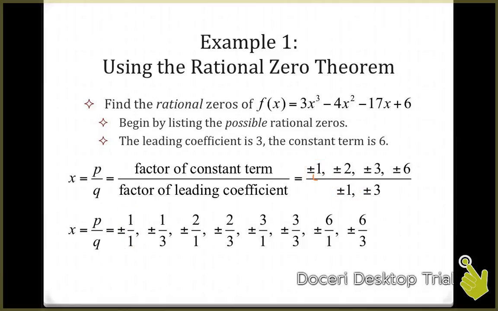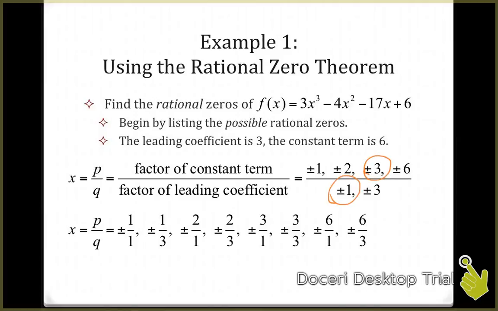I can take 1 over 3, and that's right here. Then I move on to 2 over 1, so that's that. 2 over 3 is that one.